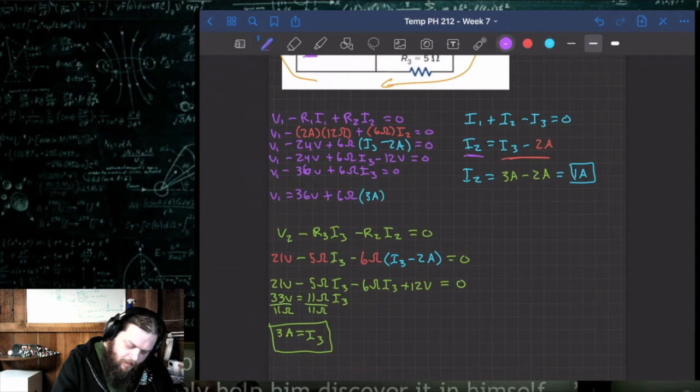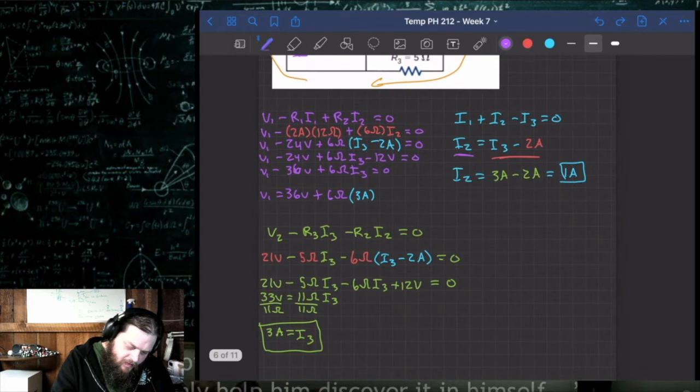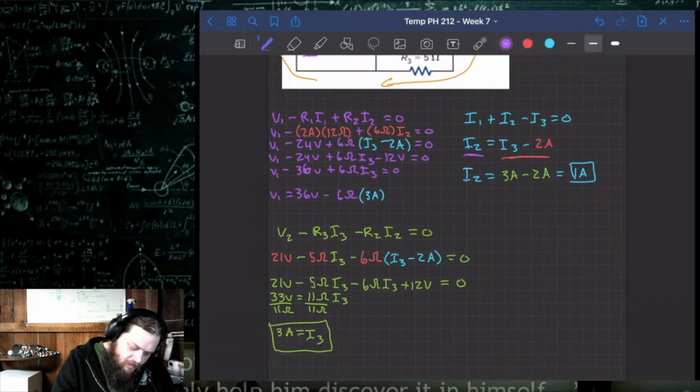I'm going to make this one negative because I'm moving it to the other side of the equation. So that one has to be negative. So then 6 times 3 is going to be 18 volts. So V1 should equal 36 volts minus 18 volts, which is 18 volts.